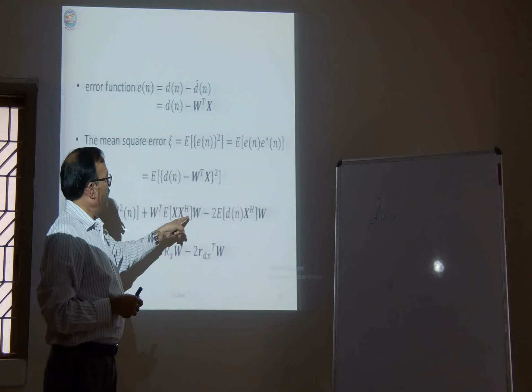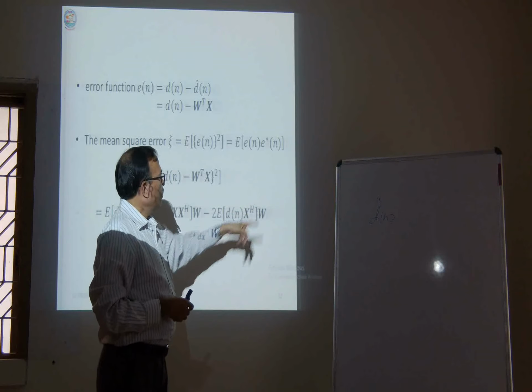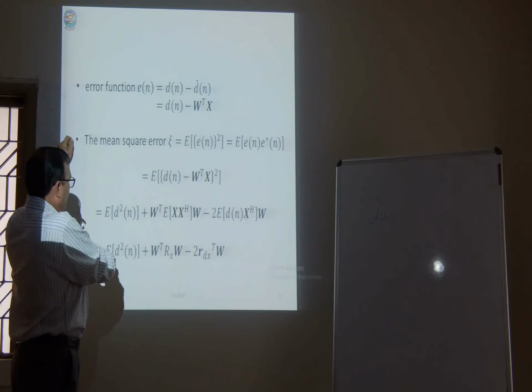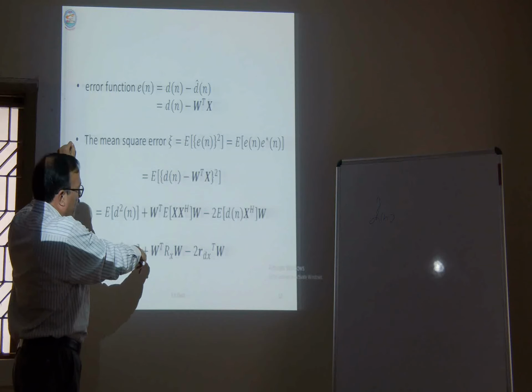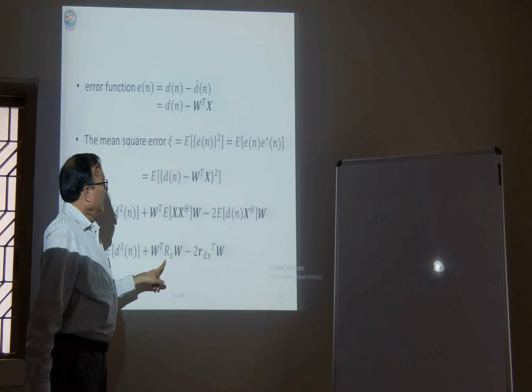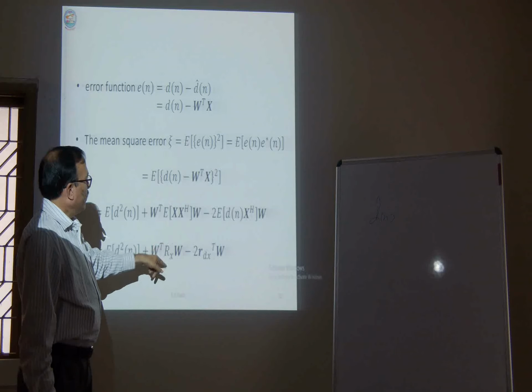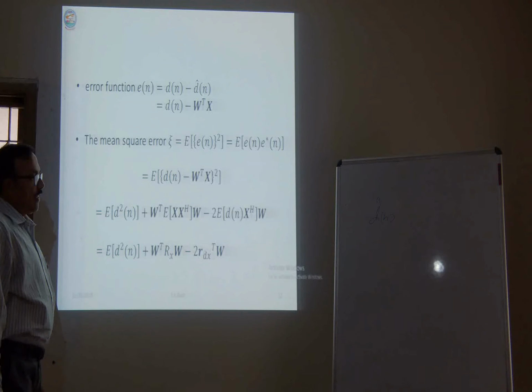So I have taken it as W minus 2E into Dn XH W, and here it is E of d square n plus Wt Rx. So Rx is nothing but E of X into X Hermitian, and Rx is known as the input correlation matrix.